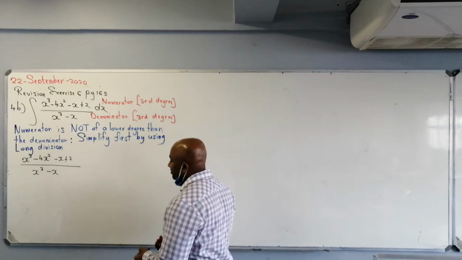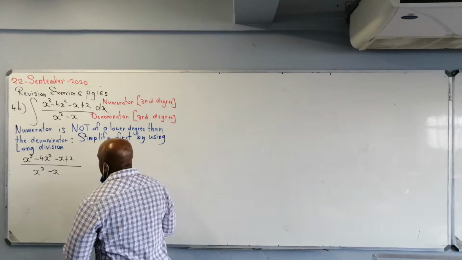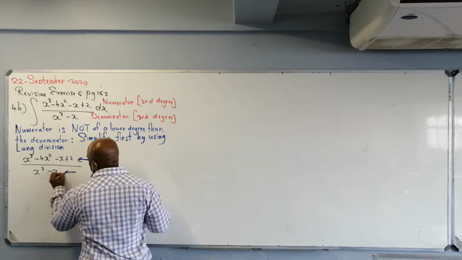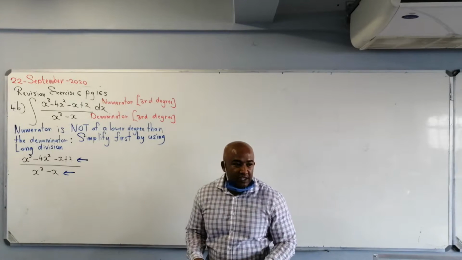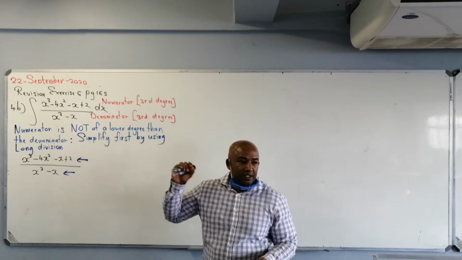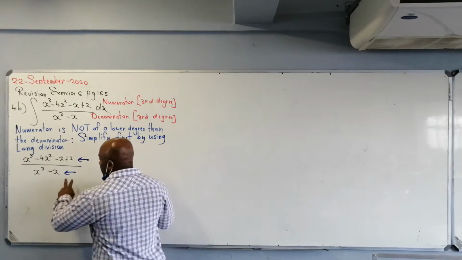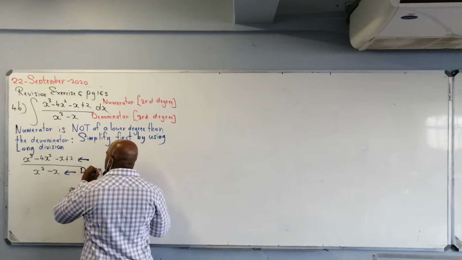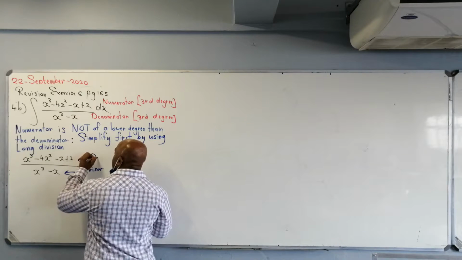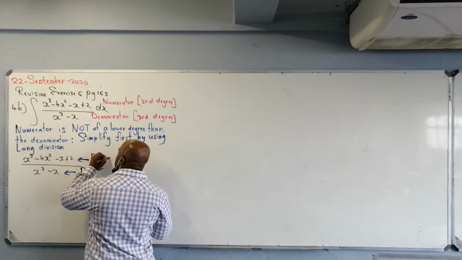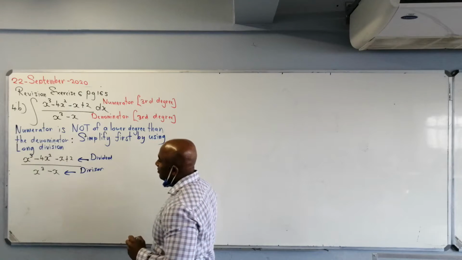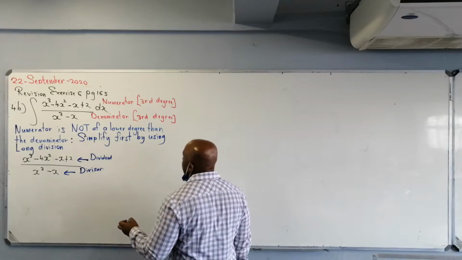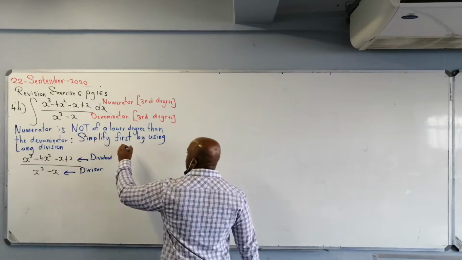So now our numerator and the denominator, they'll just be given different names, but it's still the numerator and the denominator. So the denominator is going to be called the divisor, and the numerator is the dividend. Okay, so what we're going to do is, let's write this down.